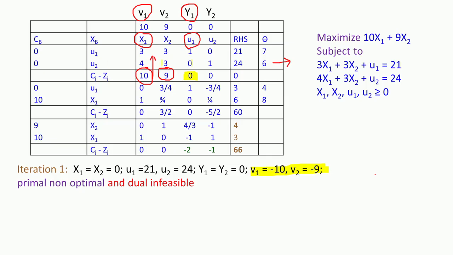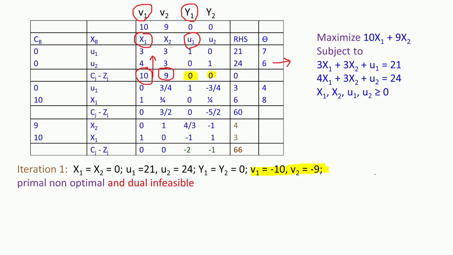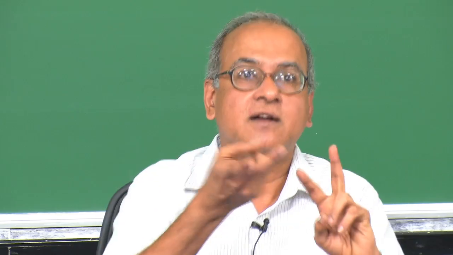Similarly, u2 is in the solution in the primal, so by complementary slackness y2 u2 is 0, therefore y2 has to be 0. Now y2 is mapped to u2, so this is the value for y2, and y2 is 0. That is precisely why the Cj minus Zj for every basic variable has to be 0, because when that variable is basic, the corresponding variable in the dual will be non-basic and it will take the value 0.